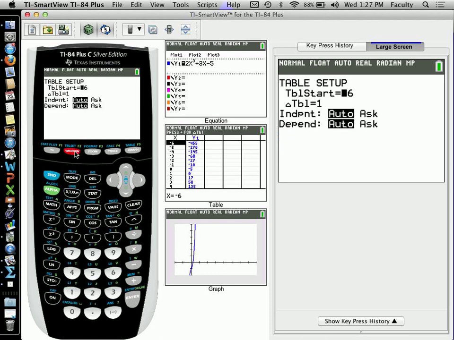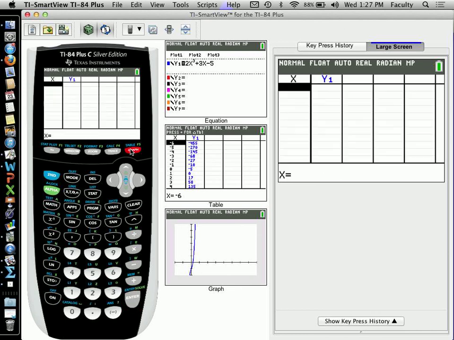Again, that's second window, and that's your table setup. And go down to independent and turn it to ask. Now we'll go second graph, and it should be blank or there's numbers in there that you left in, and you just start entering them.